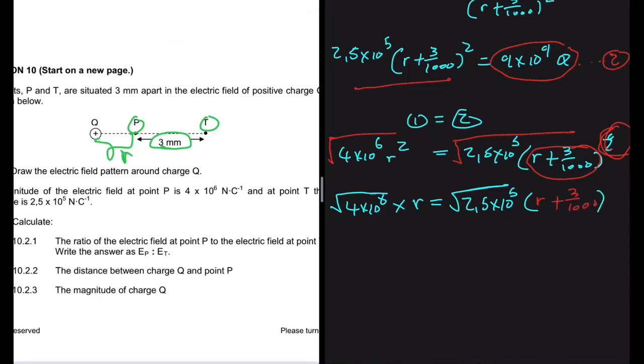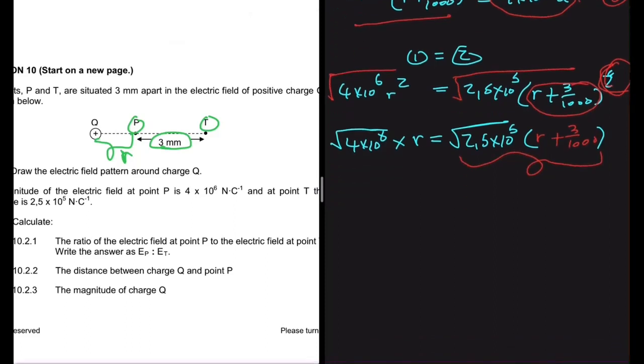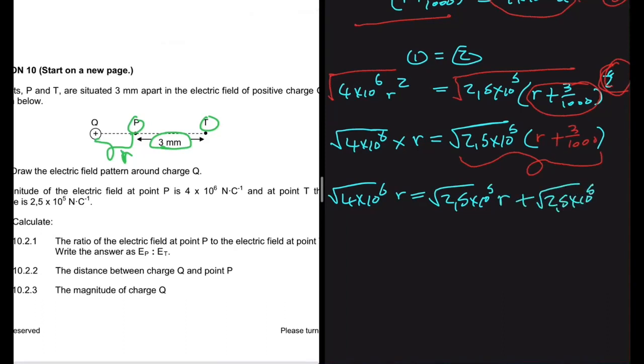So now we're going to multiply out the right hand side. After we multiply out the right hand side, we're just going to solve for r. So let me show you what I'm talking about. So we're going to have the square root of 4 times 10 to the 6 multiplied by r being equal to the square root of 2.5 times 10 to the 5 multiplied by r plus the square root of 2.5 times 10 to the 5 multiplied by 3 divided by 1000.